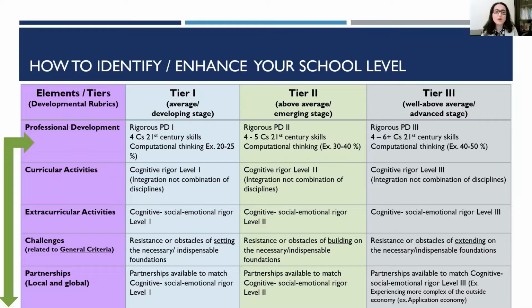So there can be a way of blending, of infusing these into these activities. But mainly when we are doing the extracurricular activities, we are also increasing the creativity and innovation through this engagement of learners. And that's why we say, while we are focusing on the extracurricular activities, we are working on what I'm calling cognitive, social, emotional rigor, again, level 1, level 2, and level 3.